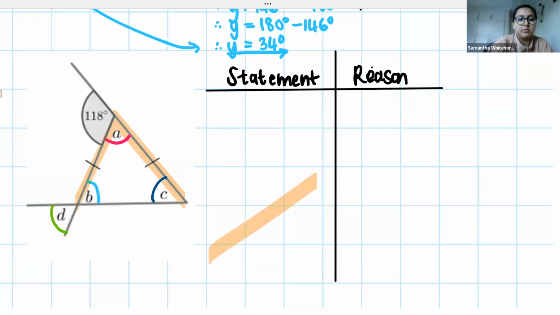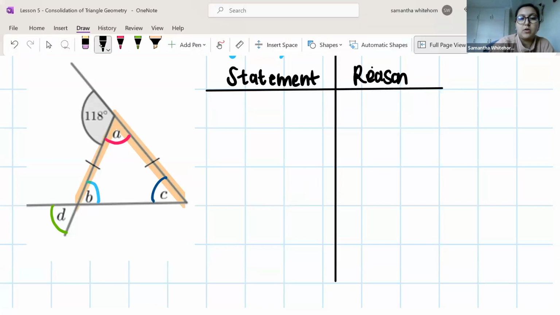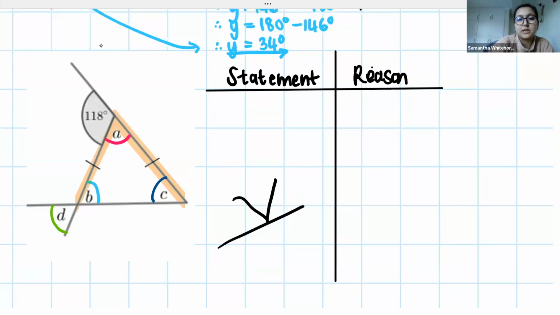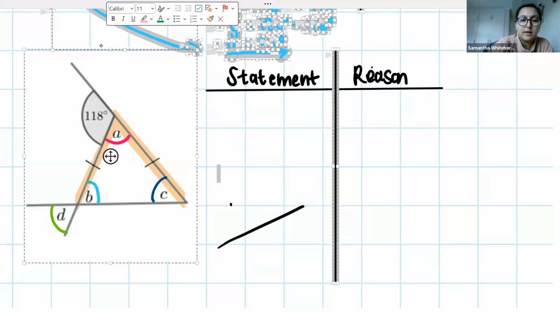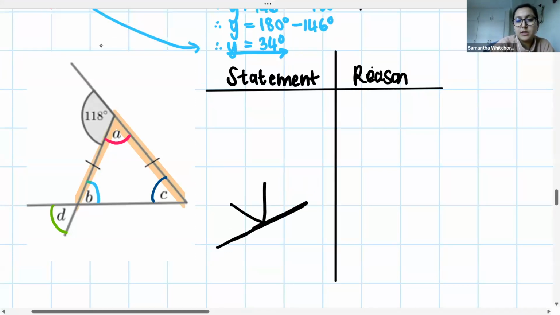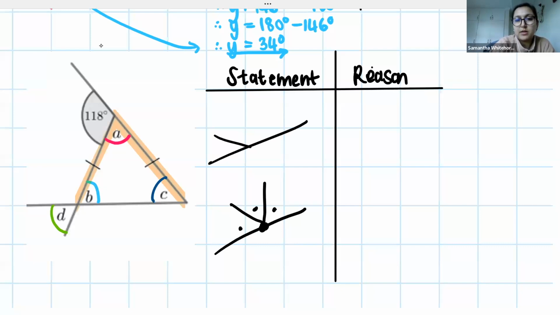Grade 8s, please also remember angles on a straight line, and I've said this already, but I'm saying it again, only apply when your angles are adjacent. So if I can draw a straight line. So here, we've got a straight line at the bottom. All of these angles are right next to each other. They all come from a common point. However, if we had a straight line like this, those 2 angles are not angles on a straight line. They don't have the same common point. They're not adjacent to each other. You cannot then say they're angles on a straight line.